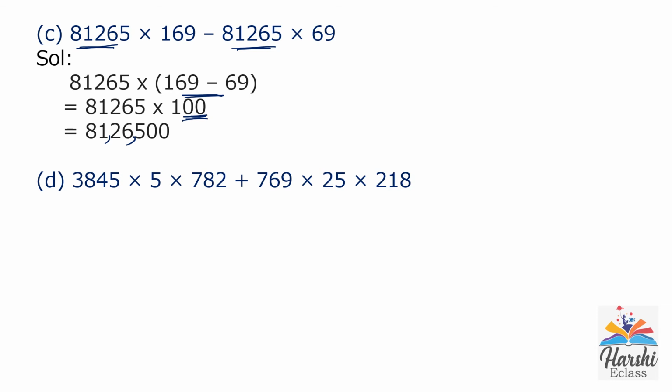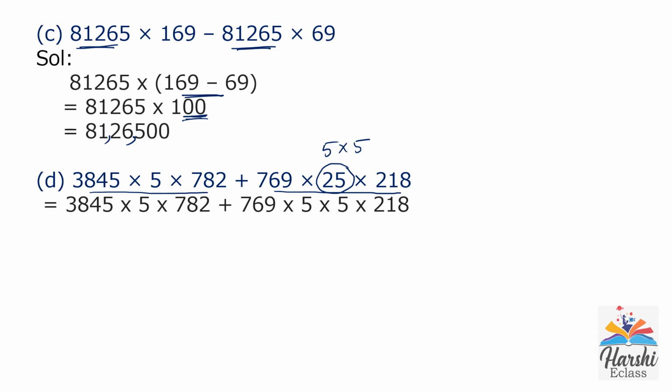Here the given numbers are 3,845 multiplied by 5 multiplied by 782 plus 769 multiplied by 25 then multiplied by 218. So what we will do, we will write this 25 as 5 multiplied by 5.